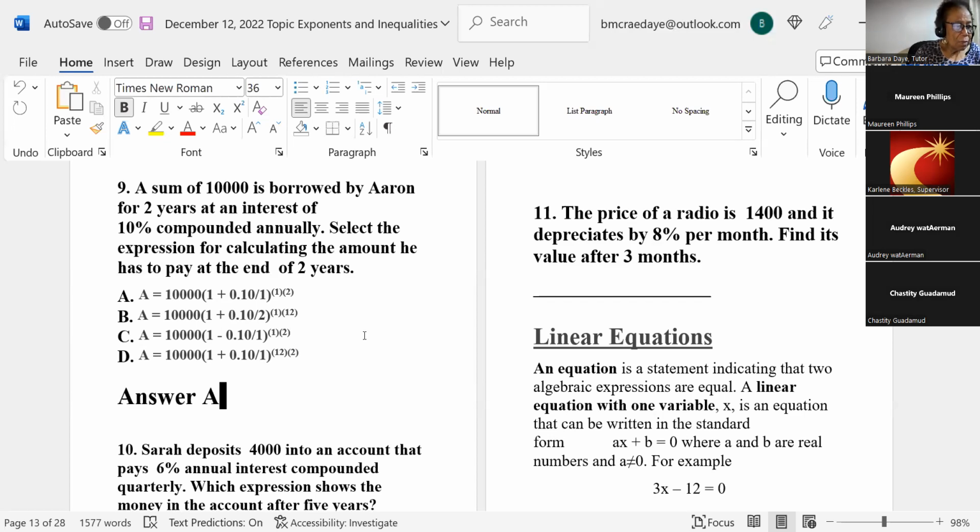All right. Okay. Maureen, did you get it? The compound interest formula? No. You didn't get it with the topic? No, I only get the homework. You didn't get it either? I only get the homework.